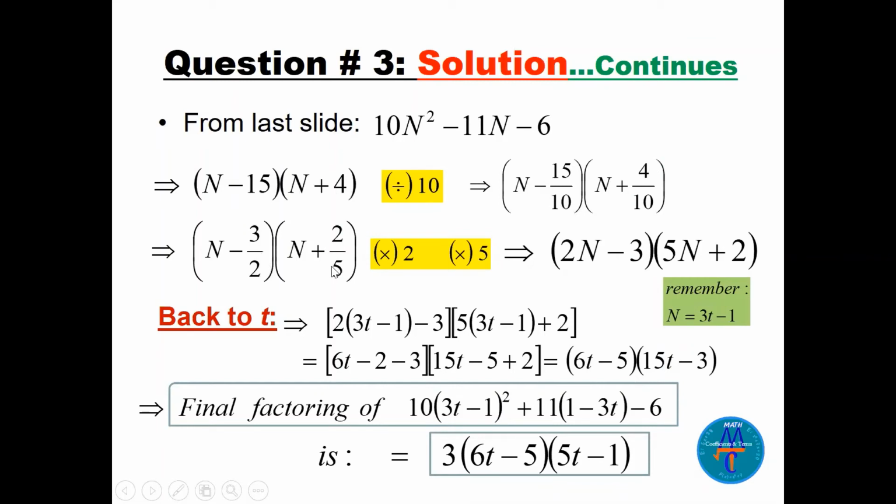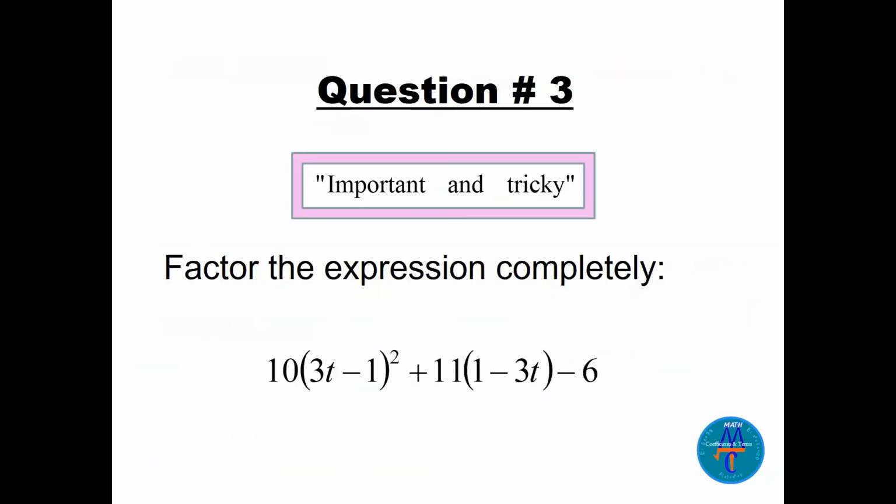Now the final step, we multiply the first factor by 2, we get 2n minus 3. Here multiply by 5 to remove the fraction, so 5n plus 2. Now remember, this is the factoring in n. We cannot stop here. Why? If you look at the question, there is no n in the question, it's only t.